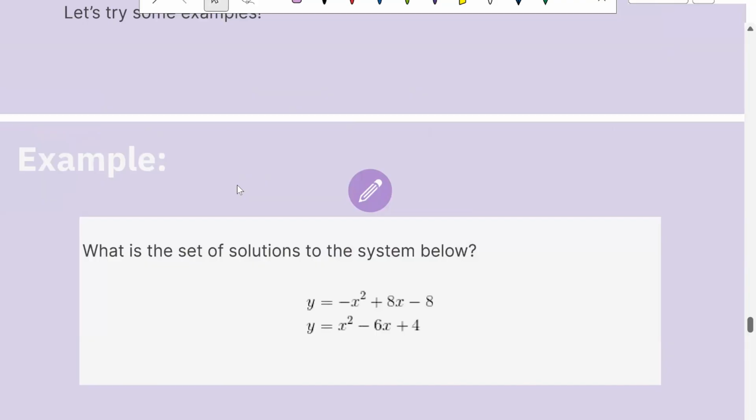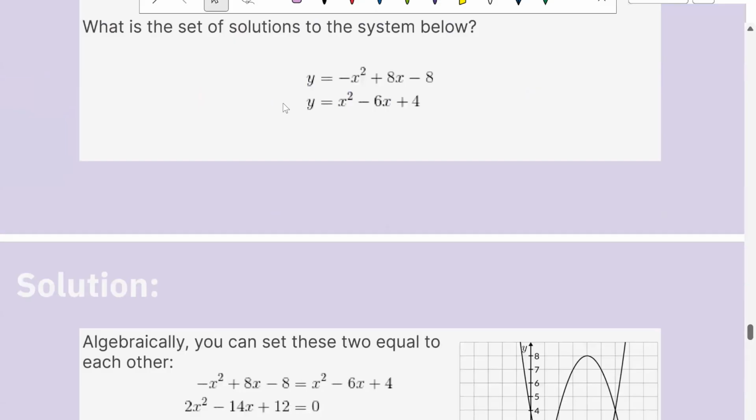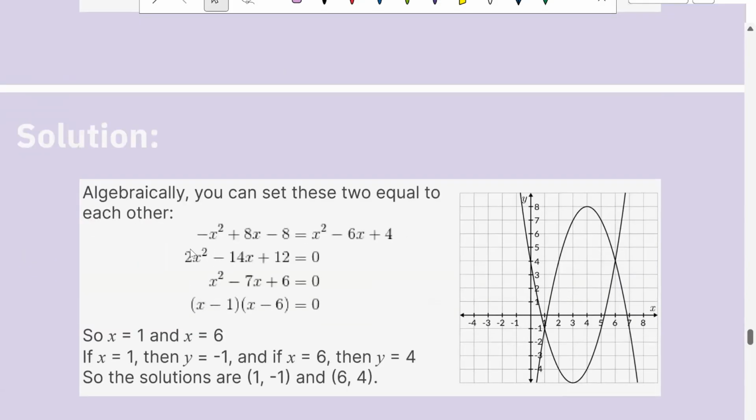So here we have another example. It says, what's the set of solutions to the system of equations below? Here we can subtract, or we are adding x squared to this side. So we're adding everything. Now let's take a look, actually. Let me make sure that this example was done correctly.